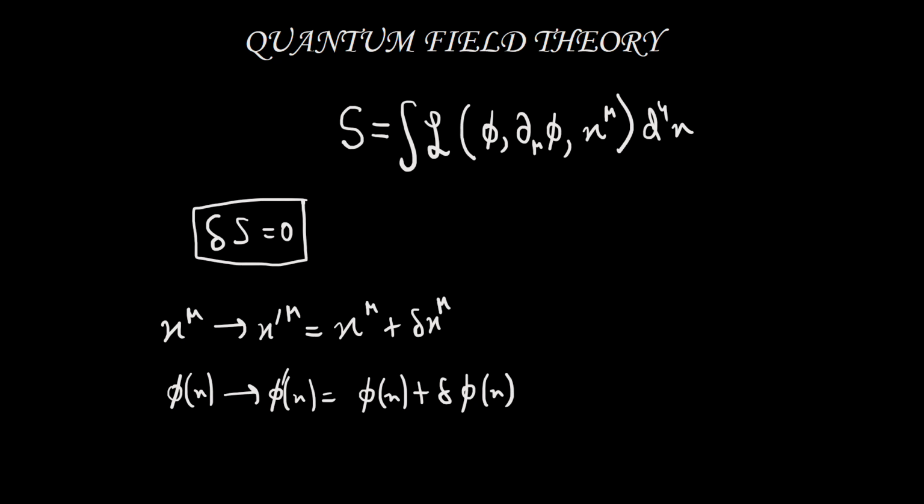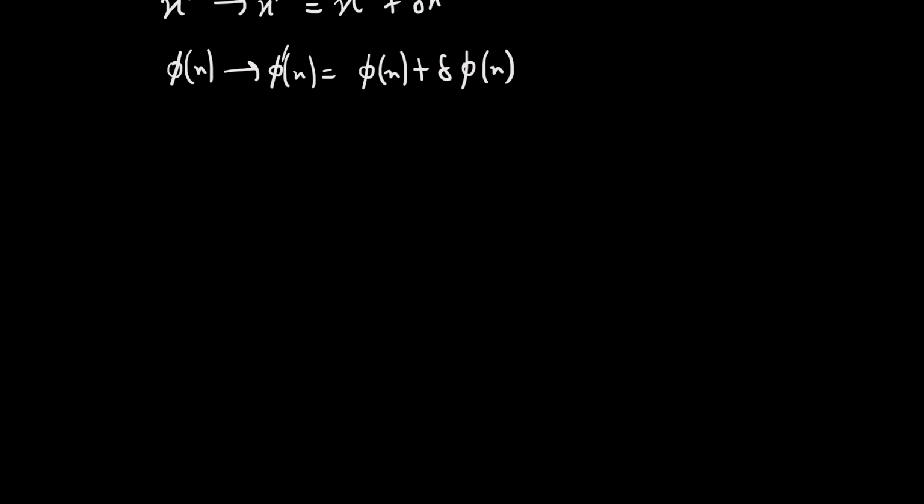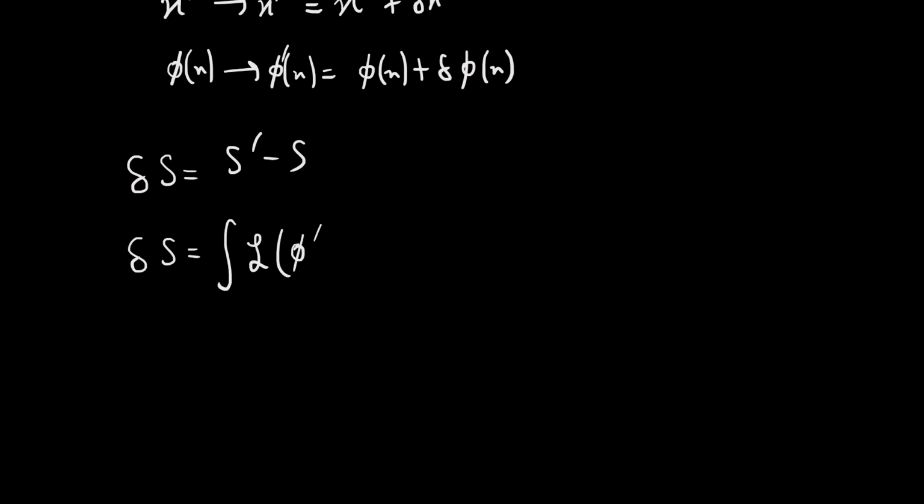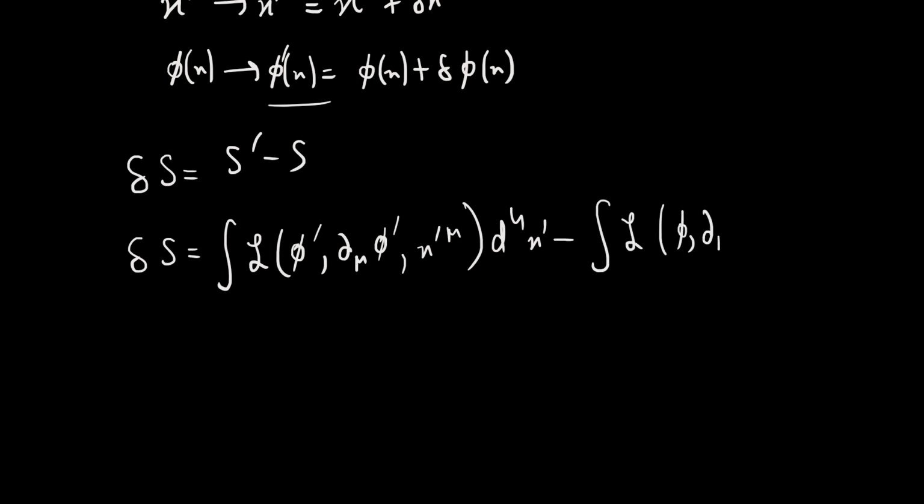So we write our delta S. Our delta S would be S prime minus S, and S prime would be the integral of the Lagrangian density, which would be a function of phi prime defined by this equation, del mu phi prime, comma x prime mu, d4x prime, minus the integral of the Lagrangian of phi, del mu phi, x mu, d4x.